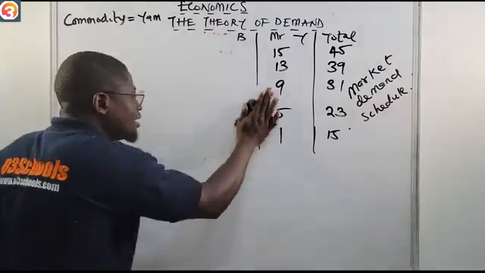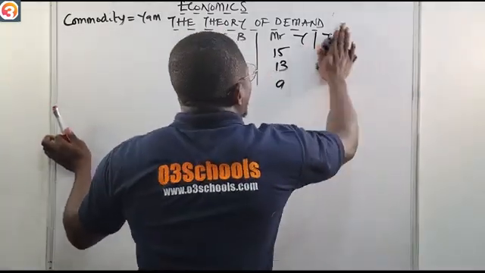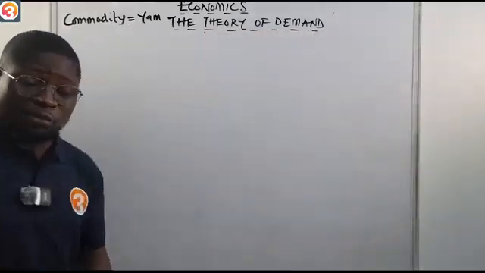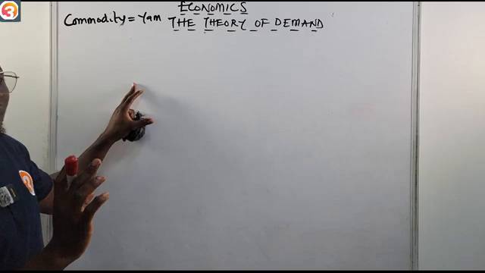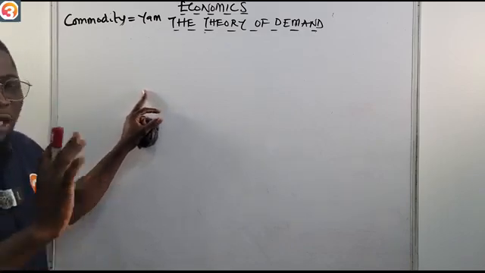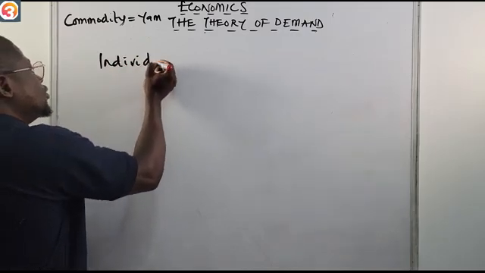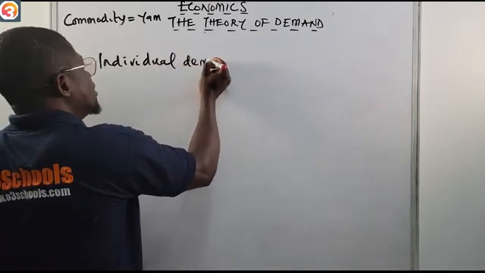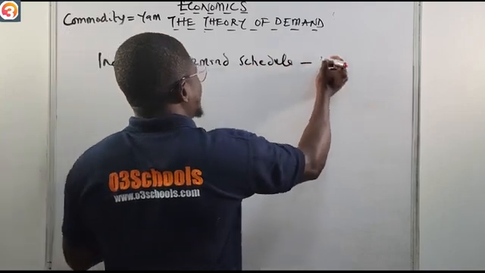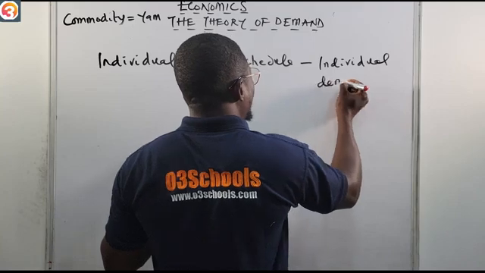While if we plot a graph of a market schedule, what it gives to us, of course, is a market demand curve. So when we plot an individual demand schedule on a graph, what we have is an individual demand curve.